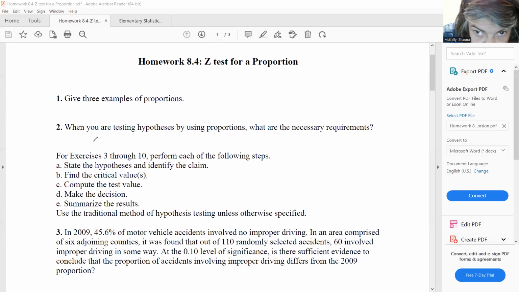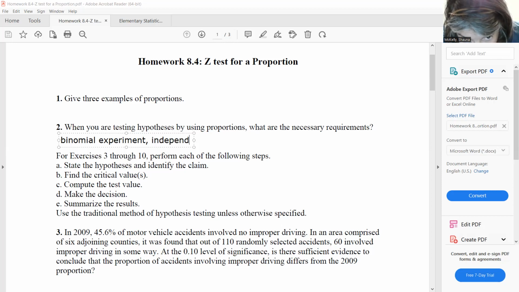This is a binomial experiment. You have to have independent trials.